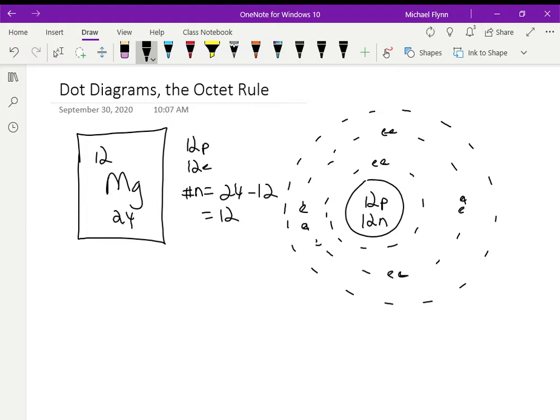My third shell, magnesium has 2 electrons left. Now, normally we sort of pair these together. Okay, that's magnesium.